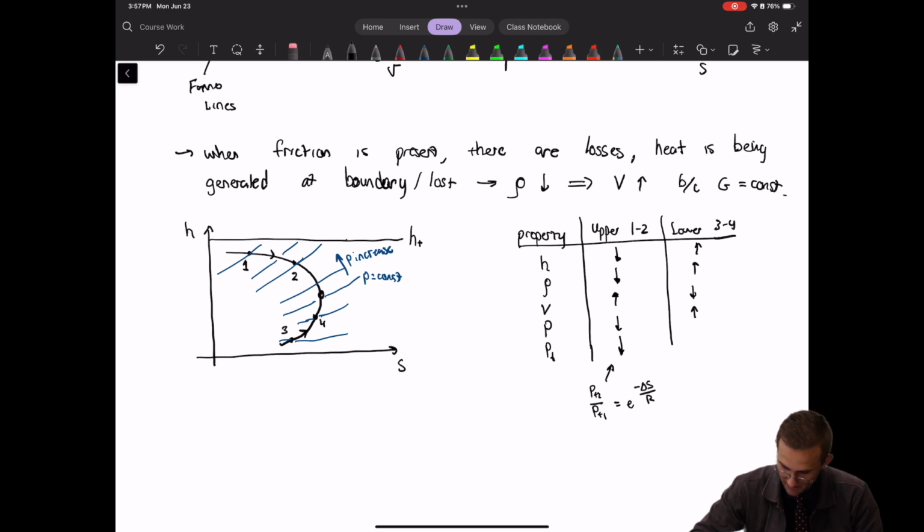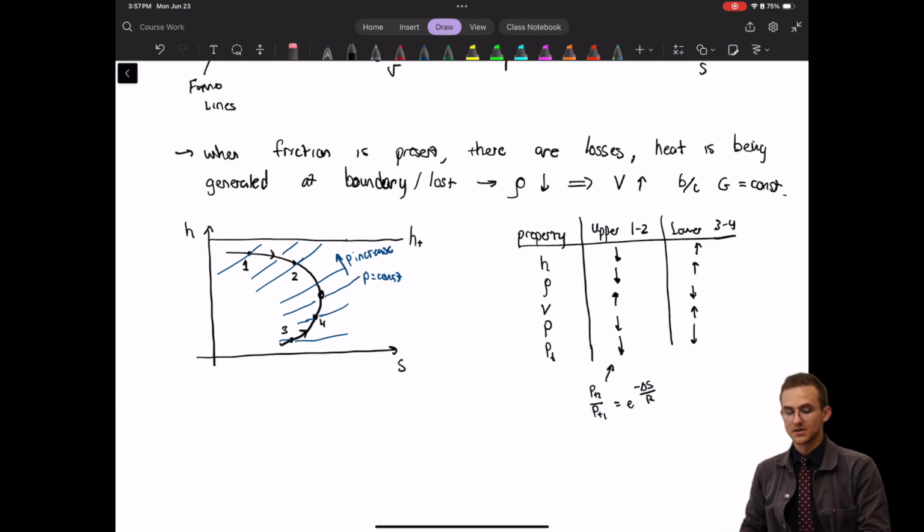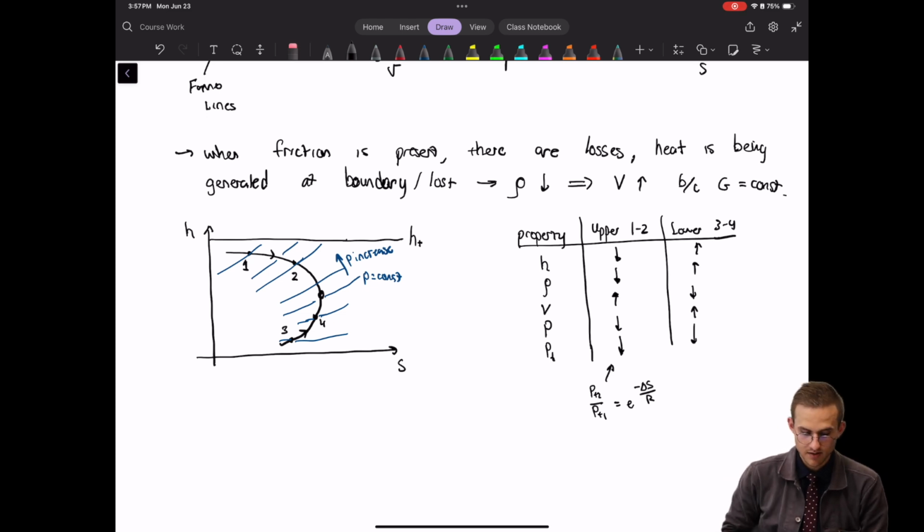And then the total pressure, or the stagnation pressure, is also going down on the bottom branch because you still have entropy production. So that's interesting: the flow is speeding up on the upper branch and slowing down on the lower branch.